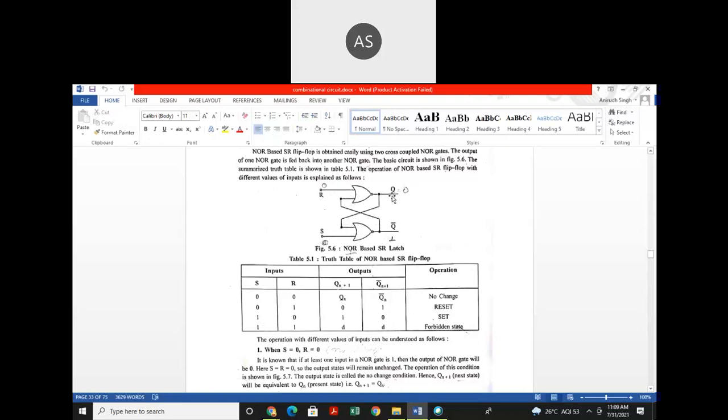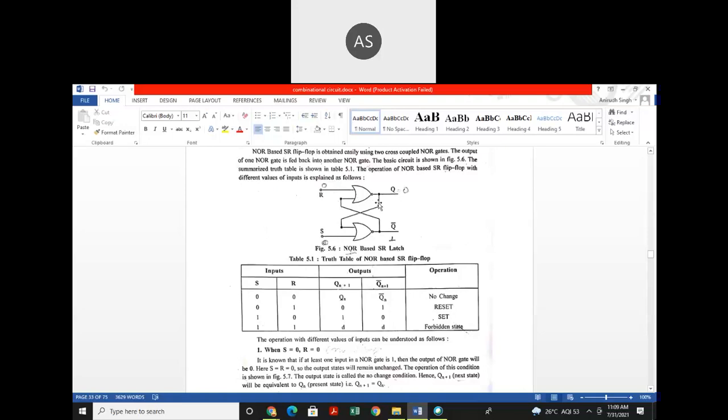This means previous state and next state. When the previous state is 0 and we apply S as 0 and R as 0, then the next state will be 0. Suppose the previous state is 1.